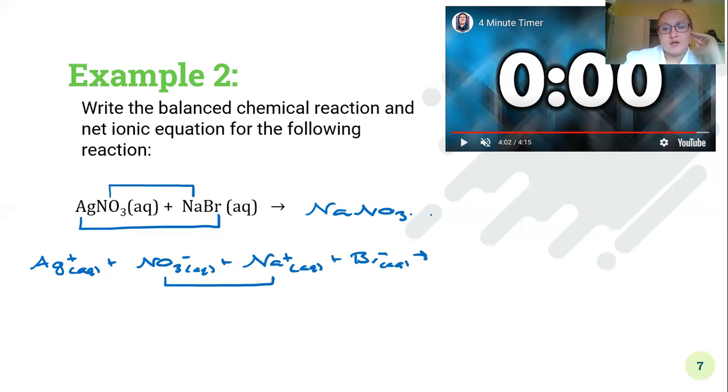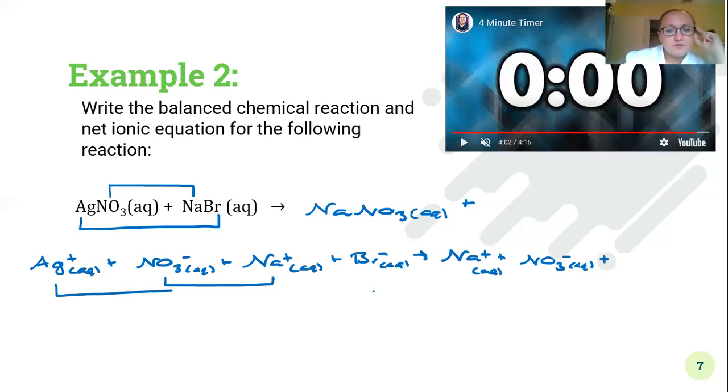And I know that that's aqueous because anything containing sodium and anything containing nitrate is going to be soluble in water. And then my silver bromide. All bromides are soluble except those containing silver. So this is going to be a solid.